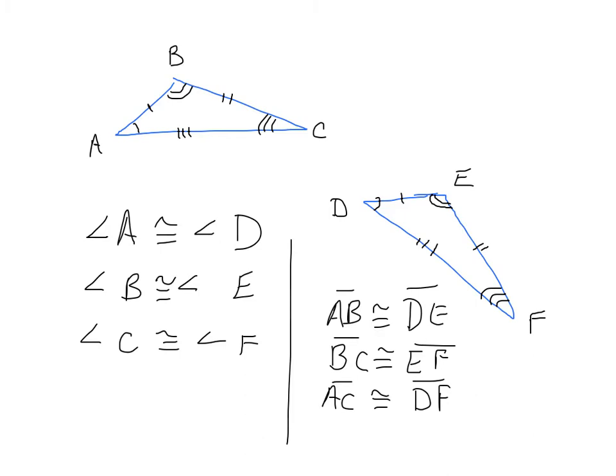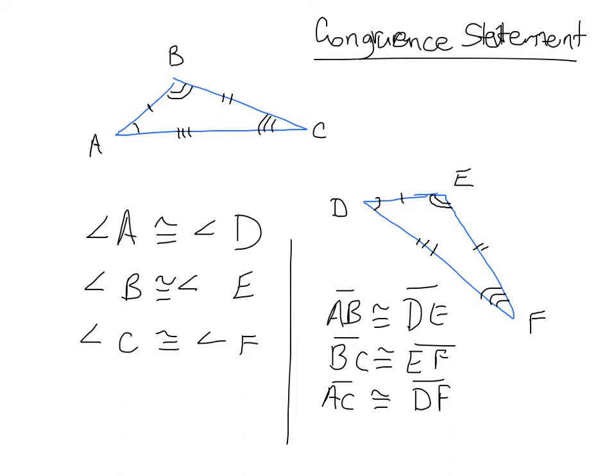So from that, we can actually make a statement called our congruence statement. And our congruence statement looks like this. So our congruence statement says that triangle ABC is congruent to triangle DEF.